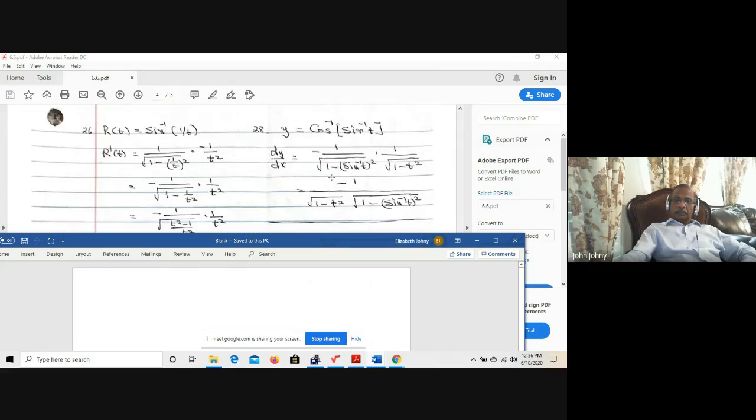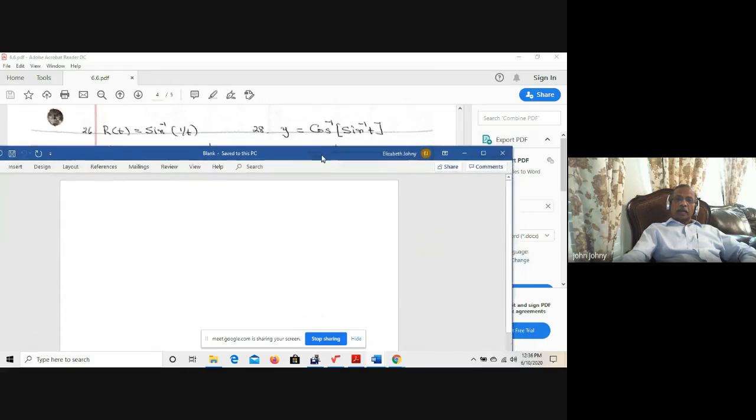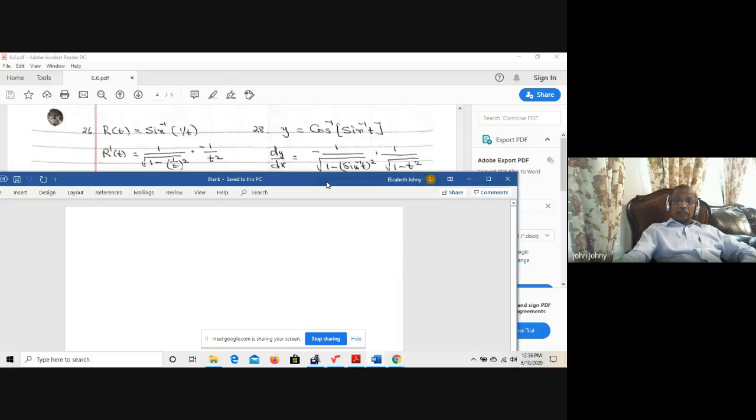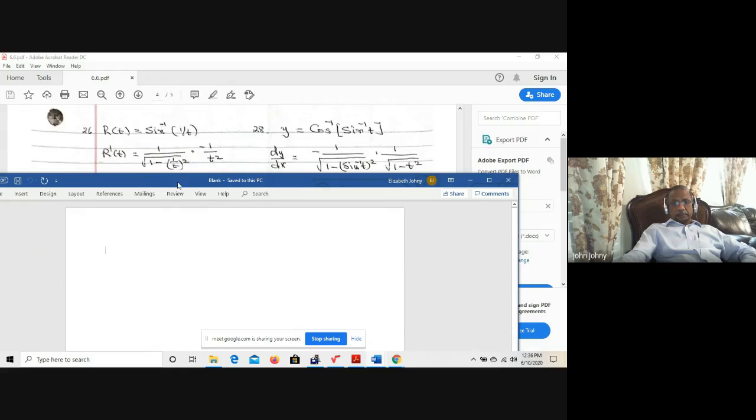Number 26. r of t is equal to sine inverse 1 over t. Therefore, r prime of t is equal to 1 over square root of 1 minus 1 over t the whole square, multiplied by the derivative of 1 over t, which is negative 1 over t square.